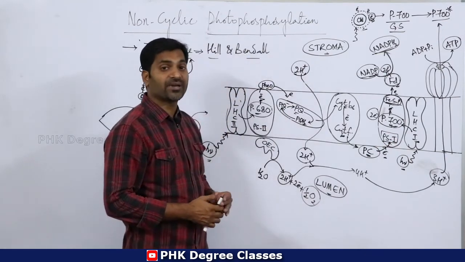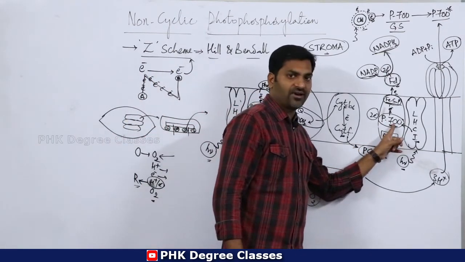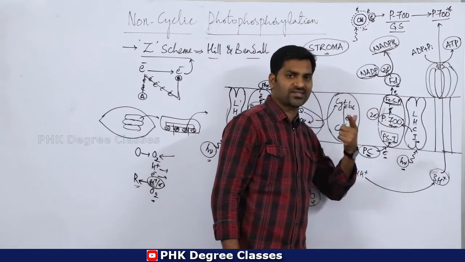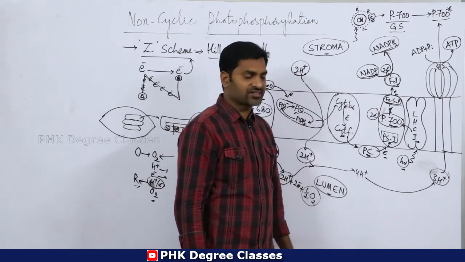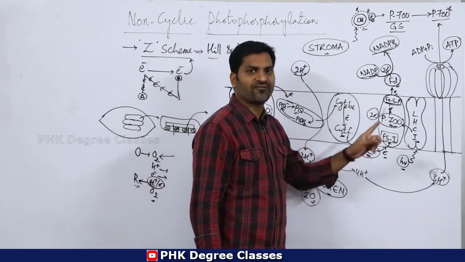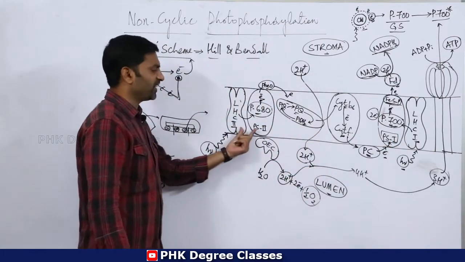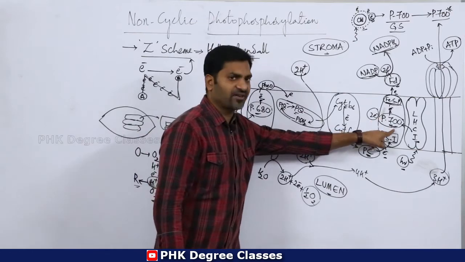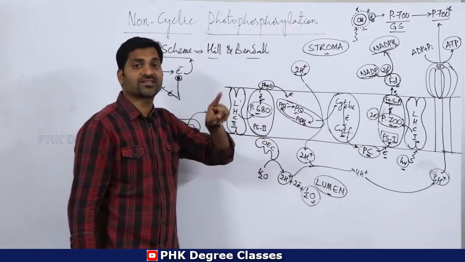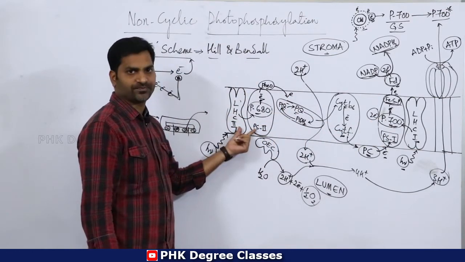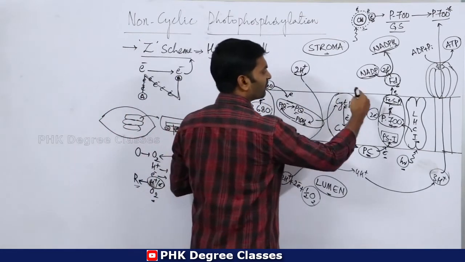What happens here? First of all, PS1 loses electrons and there is a deficiency of electrons. That deficiency is substituted by whom? PS2. So PS1's deficiency of electrons is substituted by PS2. This is the movement of electrons.